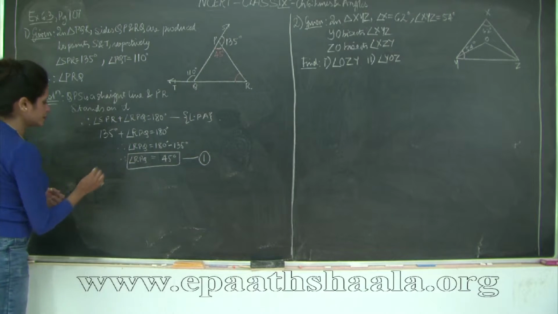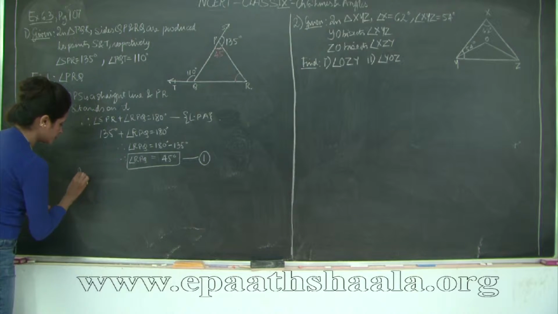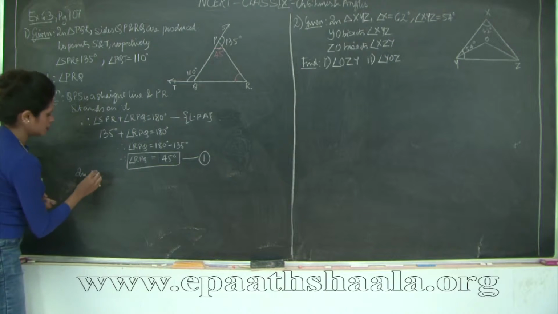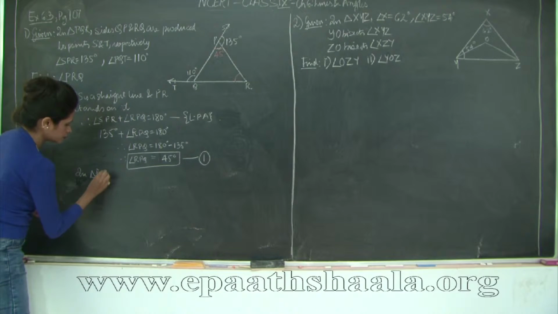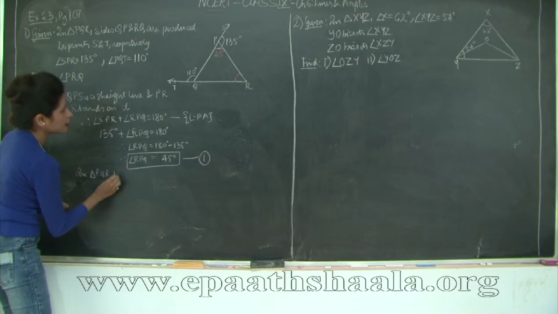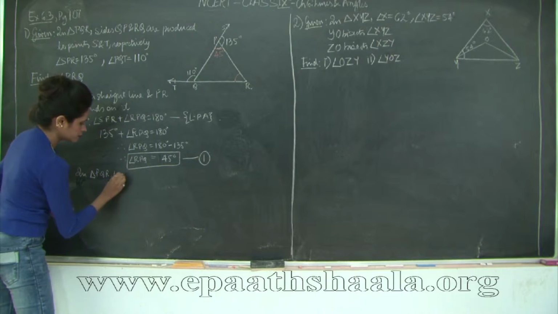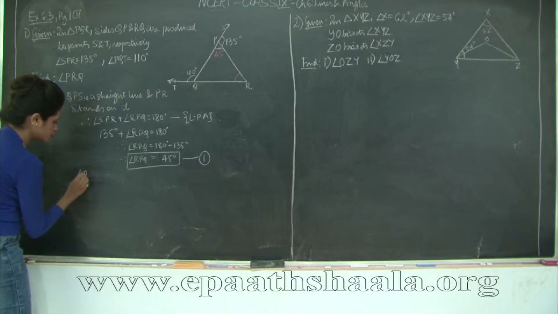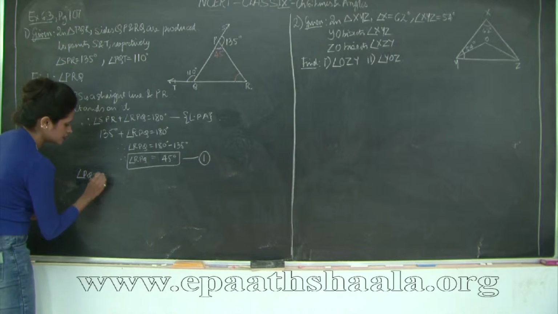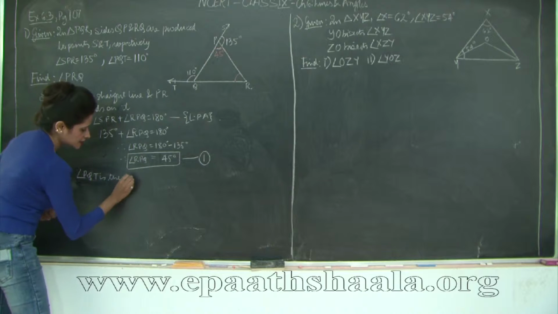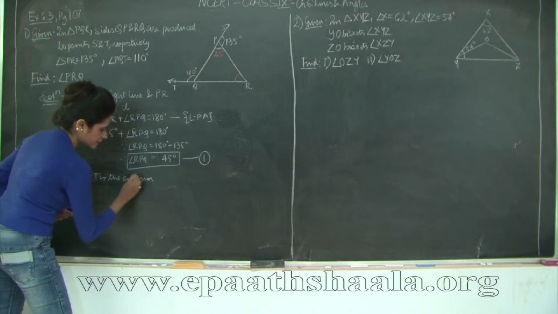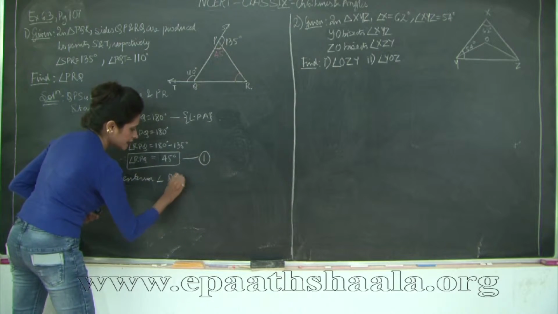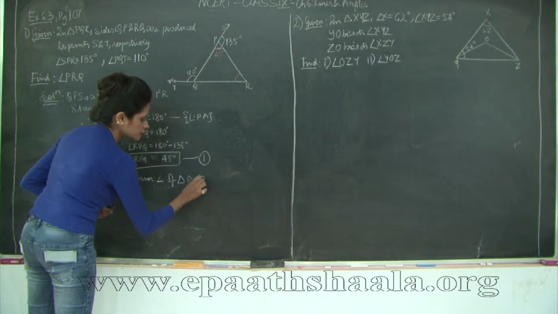Anyway, let's proceed. Now, in triangle PQR, angle PQT is the exterior angle of triangle PQR. Correct?